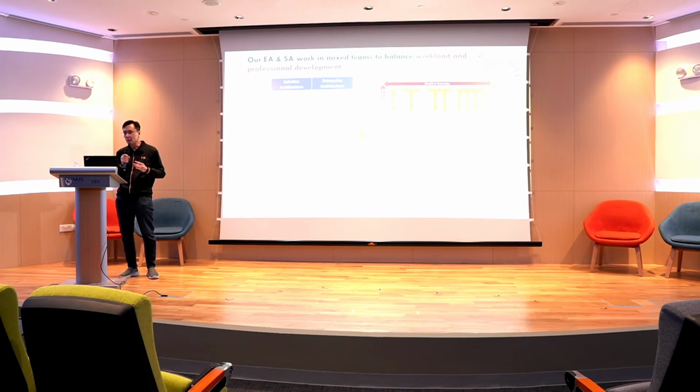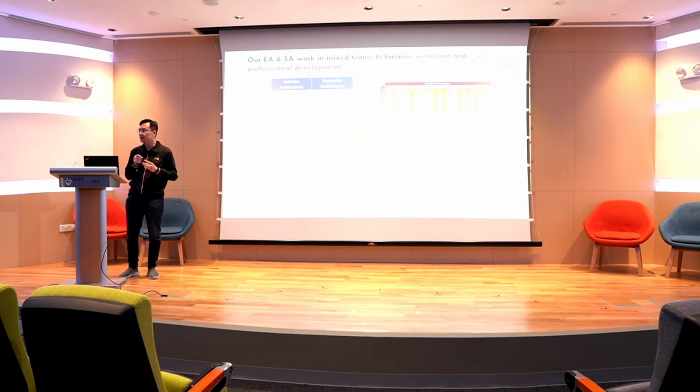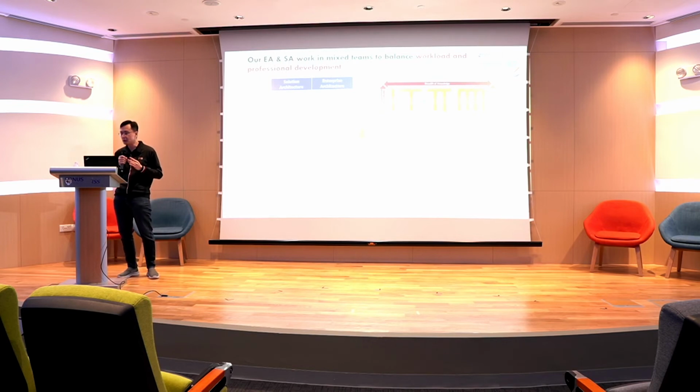But although they have breadth of knowledge, we also encourage them to have depth of knowledge. From time to time, for professional development, we encourage some of our enterprise architects to be involved in projects to gain depth of knowledge.